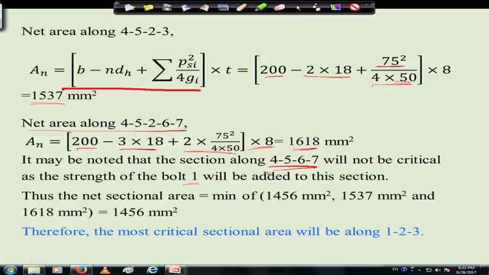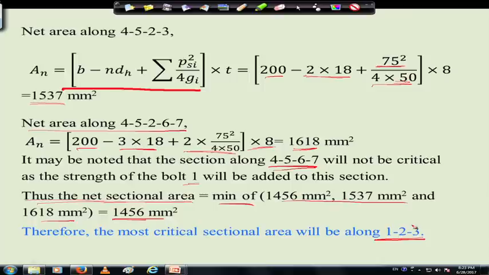Therefore, this will be higher than the earlier one, that is why we are not going to calculate it. So, the critical sectional area will be the minimum of these 3 cases, and the minimum of these 3 cases is 1456 mm², which is coming along 1, 2, 3.